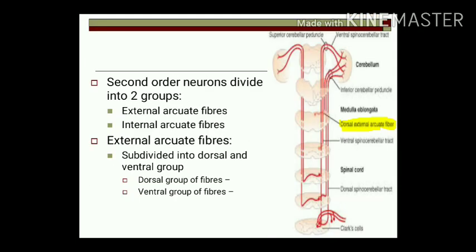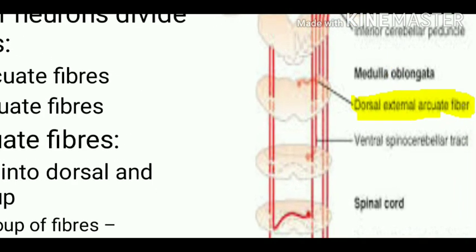Now we come to the second order neuron. These first order neurons end in the medulla oblongata.